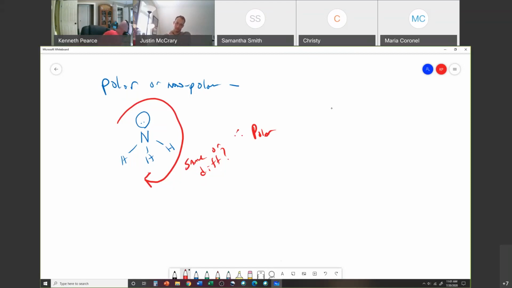So we end up with a partial negative and a partial plus. What do we know about charges? We do know that opposites attract and same charges repel.